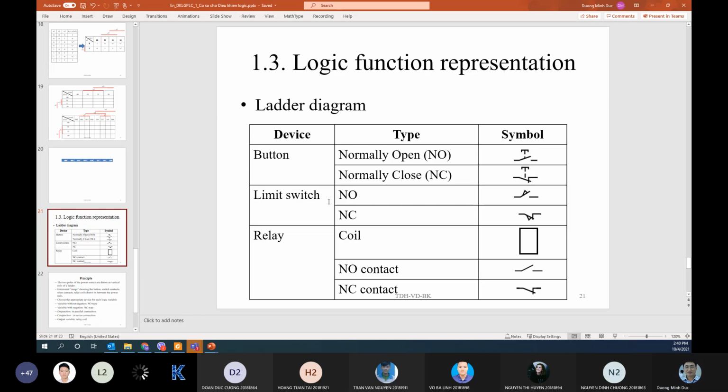Okay, and the relay. The relay is the main component of the ladder diagram. Did you study some subject like electrical components?